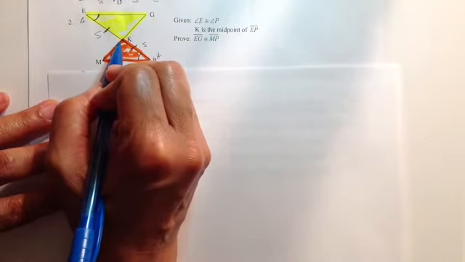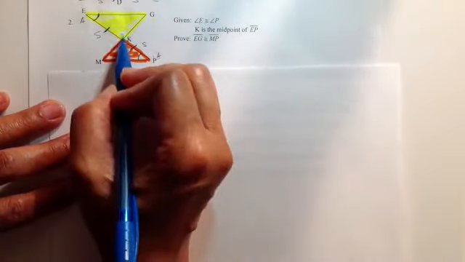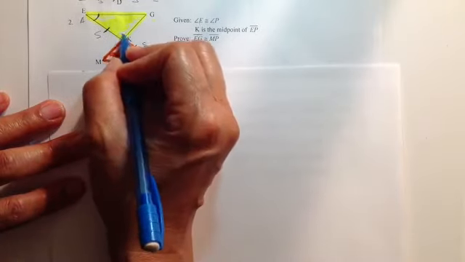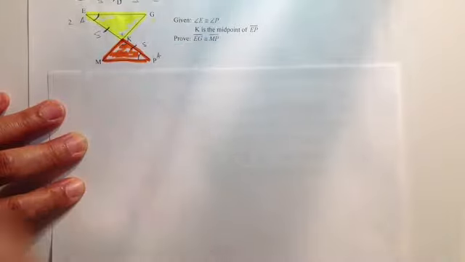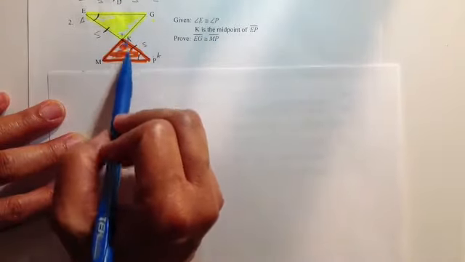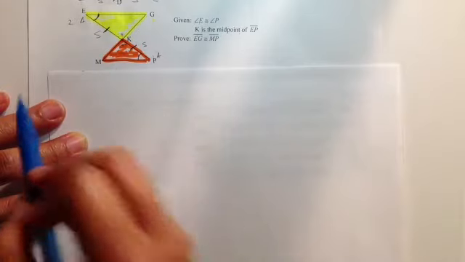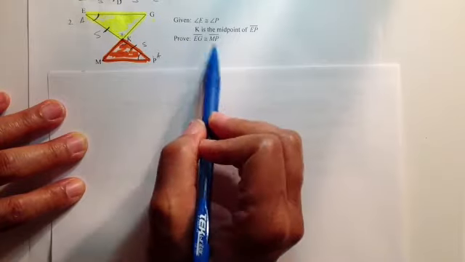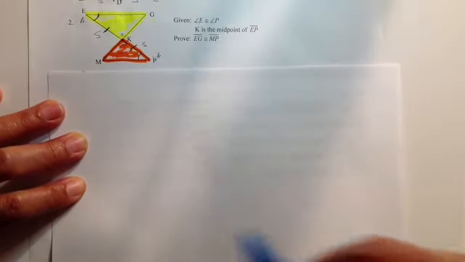If I had another angle, I would be good. And what I realized is I've got a vertical angle here. So these two angles ultimately are going to have to be congruent. So with angle, side, angle, I'll be able to prove these two triangles congruent. Once I prove the triangles congruent, I can move forward and prove that these two sides are congruent.